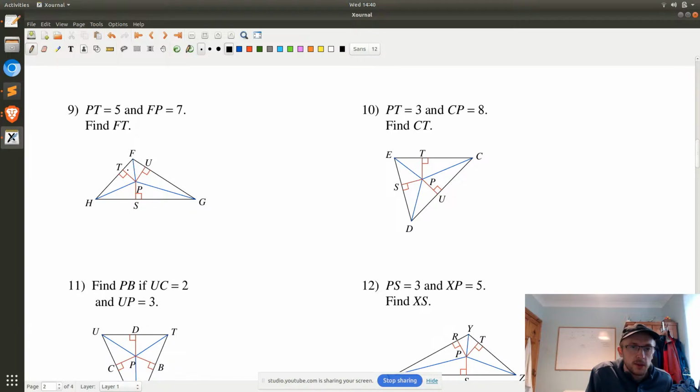So 49 take 25 is 24, and root 24 is 2 root 6. Which I must approximate. So 4.9.